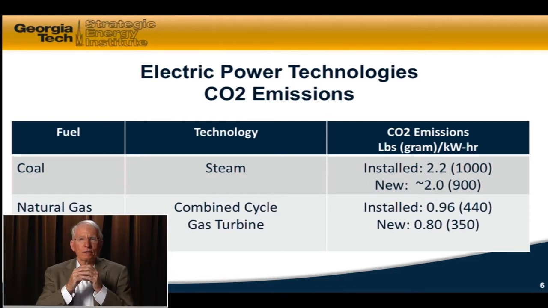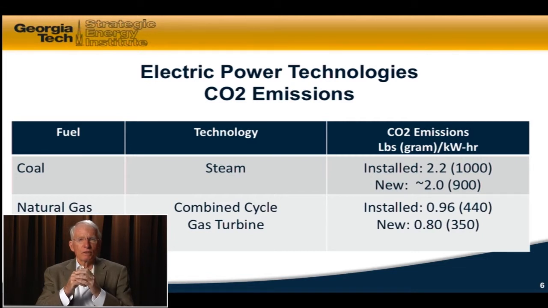If it's new technology, it's not much difference, 10% or so better, at 2 pounds per kilowatt hour or 900 grams per kilowatt hour. Not much difference there between installed and new for the steam cycle. The steam cycle's been around for over 100 years, 150 years really, and the original steam engines used on the boats to power boats was one of the first broad application of the old steam engine.